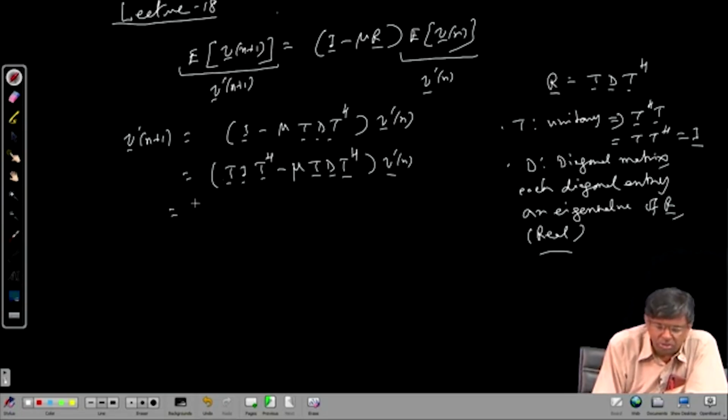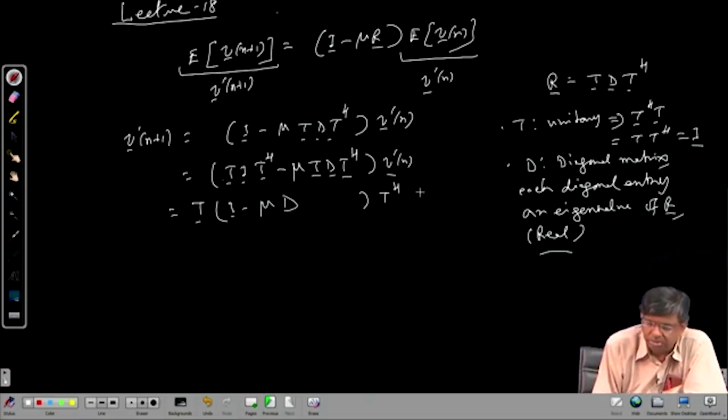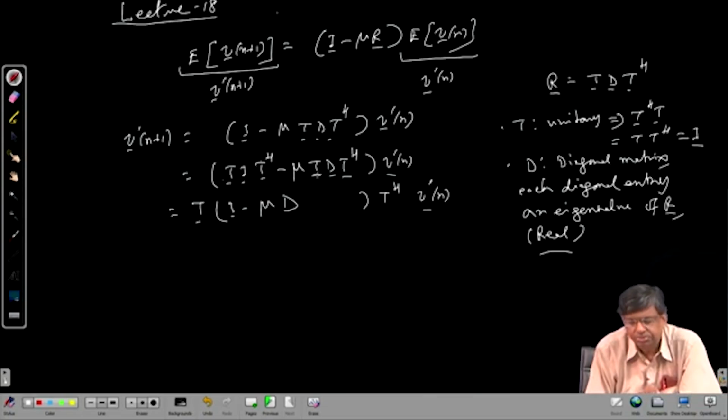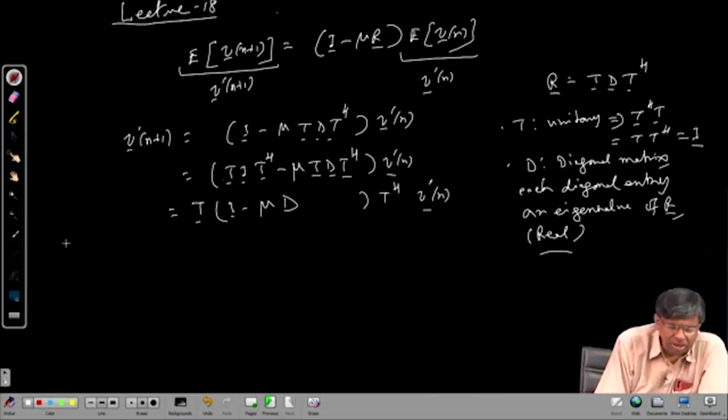I take T common outside and T H on the right hand side common, so T comes to the front and T H goes to the right hand side. So, still I minus mu times D and then V prime n. So, nothing but T I T H, that is what I have here, then minus mu T D T H, all right.